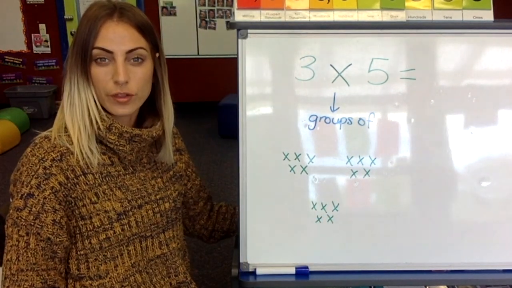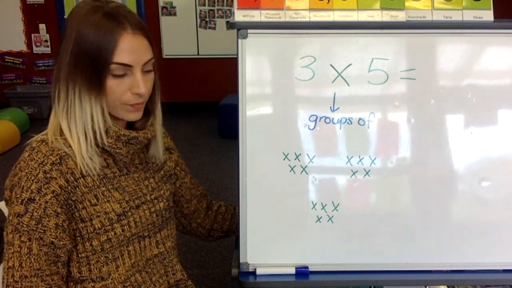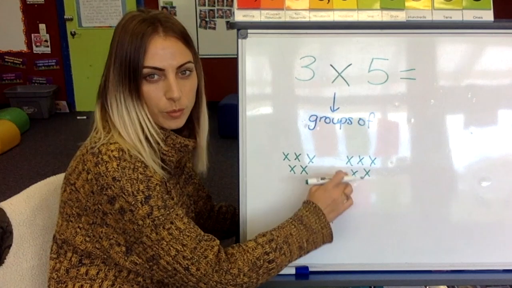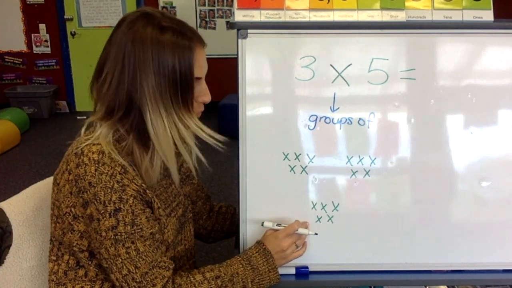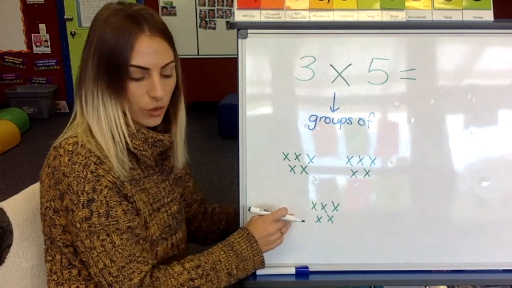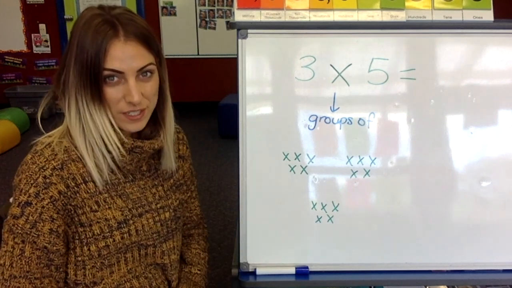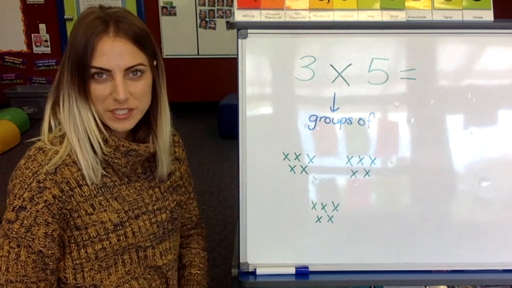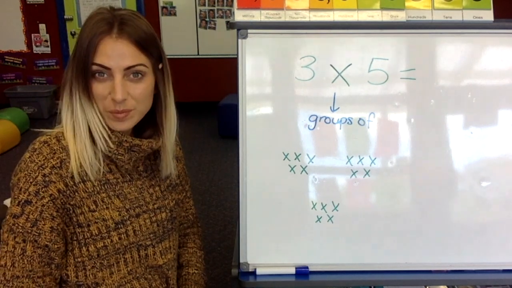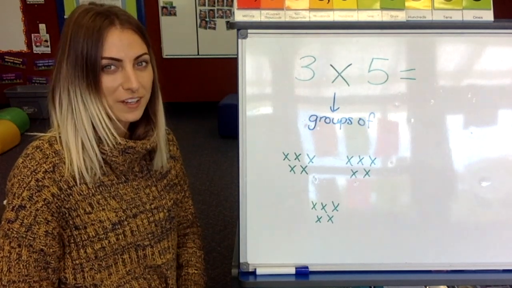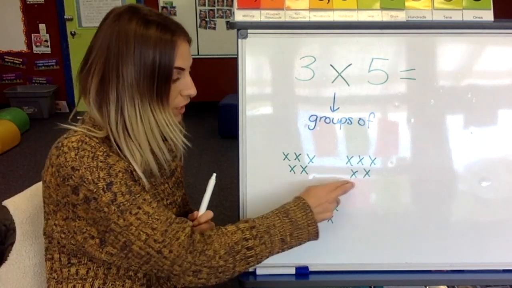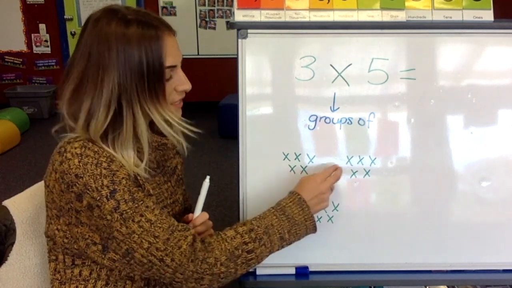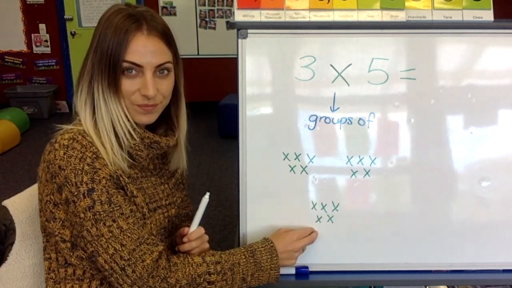So here I've got 3 groups of 5. I've got one group here and there's 5 in it. I've got another group with 5 in it, and I've got one down the bottom with 5 more in it. So instead of counting every single one, like 1, 2, 3, 4, 5, which would take forever, I can use skip counting to help me, and I can skip count in 5s. I know that I've got 3 groups of 5 here, so I can skip count like this. 5, 10, 15.